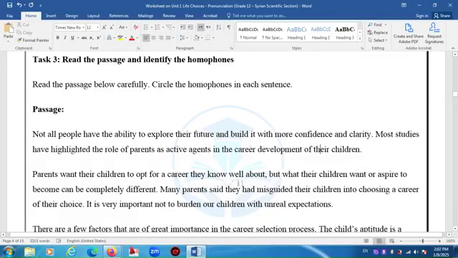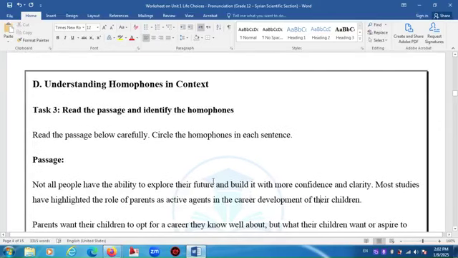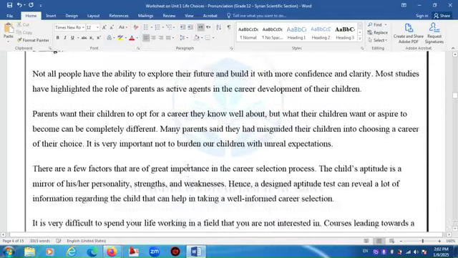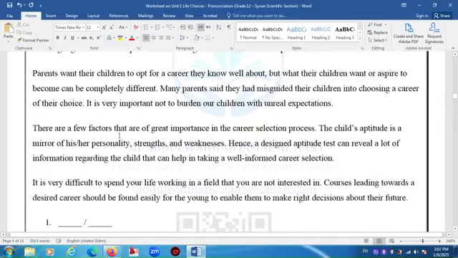Do we have anything till now? Let's continue. There are a few factors that are of great importance in the career selection process. The child's aptitude is a mirror of his or her personality, strengths, and weaknesses. Hence, a designed aptitude test can reveal a lot of information regarding the child that can help in taking a well-informed career selection.